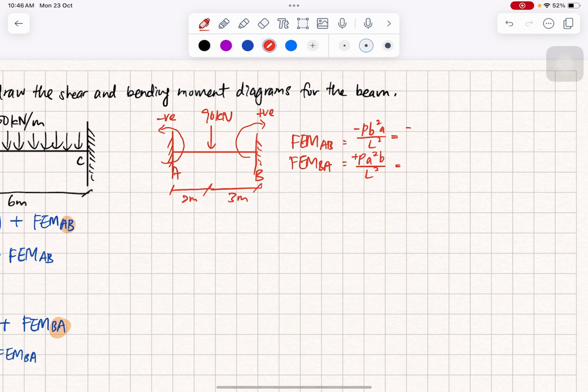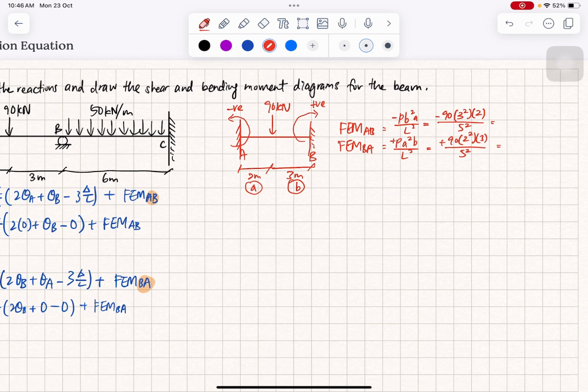The first one is negative 90, B is 3, so this is A, this is B. B square A, with A being 2, divided by the total length, 5 square. Another one, A square B, is 2 square times 3 divided by 5 square. Pressing the calculator, you will get, the first one, negative 64.8.